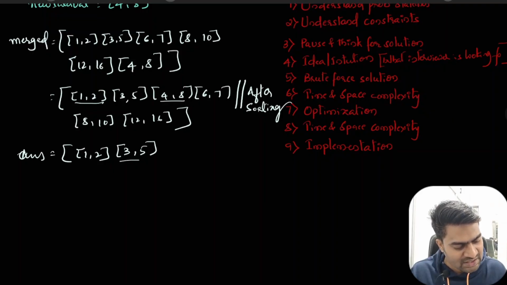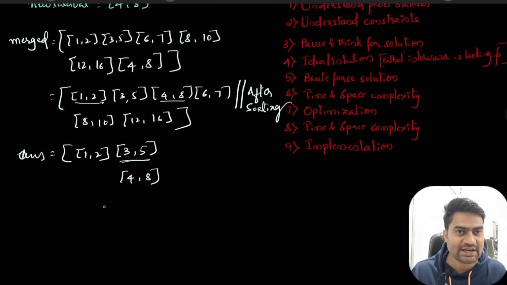Now if you see, this is our last value in the answer array. But if you see, the next value what I am processing is 4, 8 and this overlaps with 3, 5. So if that is the case, I'll simply write it down here. So now we know these two overlap. Why? Because this 4 ranges between 3 and 5, correct, right?